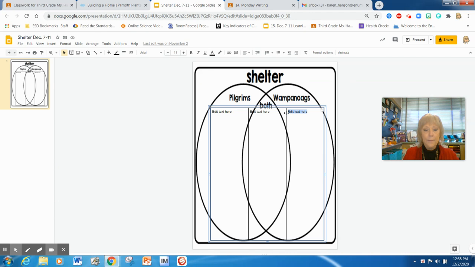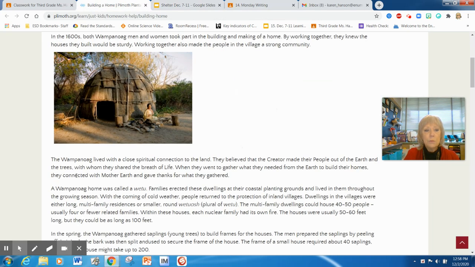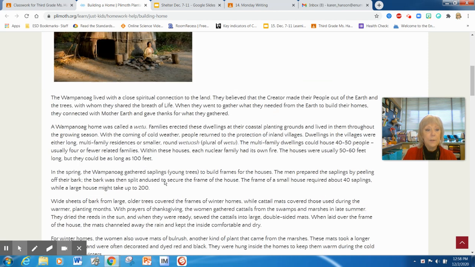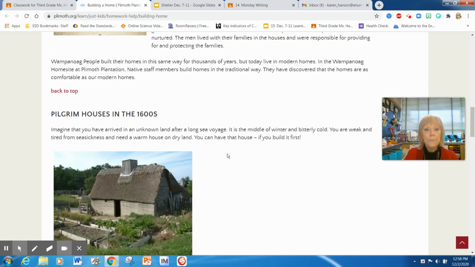We can say both men and women built the homes. All right, so we're going to leave that there for just a moment, and we're going to go back over to our citing here. And as we continue to read, we'll read some more things here, but I'm going to focus mainly on the people that built the homes.